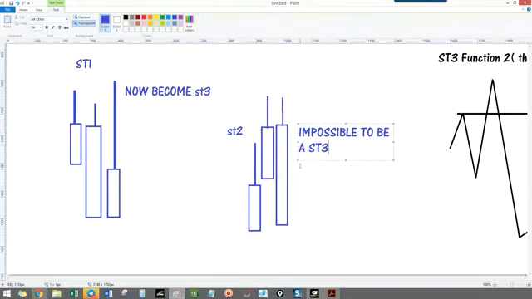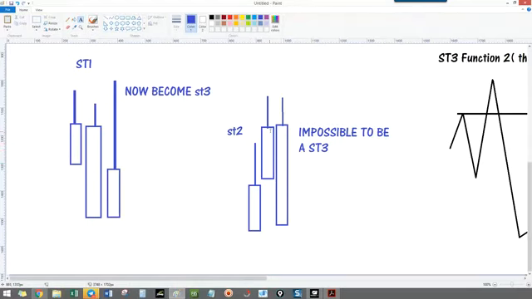You must have it side by side and must be of the same height.